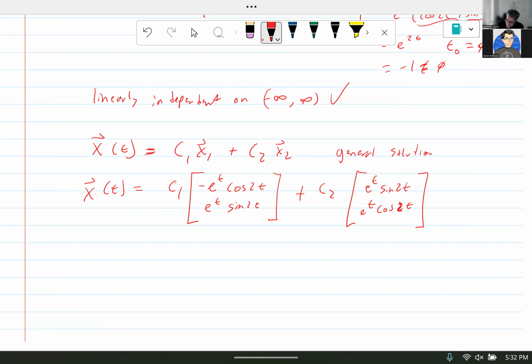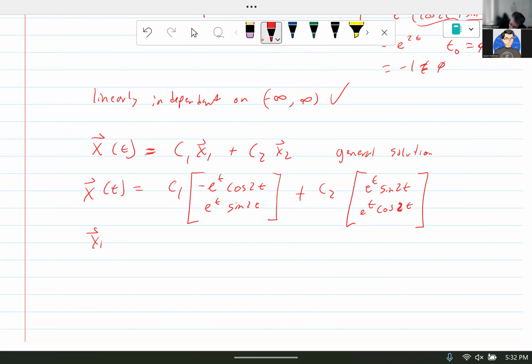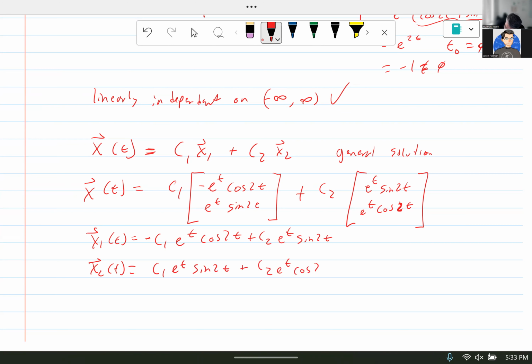So you could say that x1 of t is equal to negative c1 e to the t cosine 2t plus c2 e to the t sine 2t, and x2 of t is equal to c1 e to the t sine 2t plus c2 e to the t cosine 2t. We could think of this like a matrix.